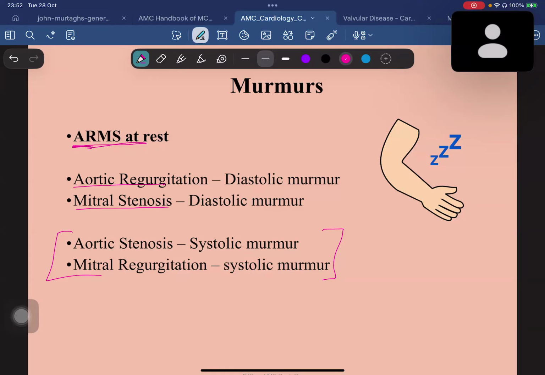You will need as many short forms, short notes or mnemonics as possible for the exam, because sometimes some of the mnemonics don't even make sense, but it'll just get the job done. It'll get you through that answer successfully. So try to make your own mnemonics, your own little methods of remembering. This one I came up with, and I stuck to ARMS at rest. That is something I use for murmurs.